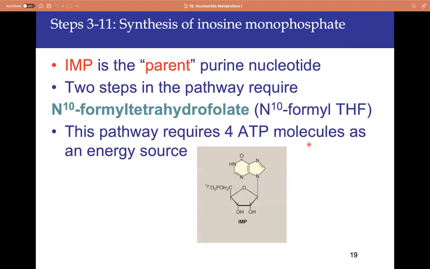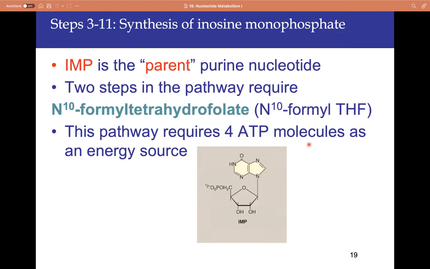All right, so the synthesis of IMP actually, we mentioned earlier that this is the parent nucleotide. And there's 2 steps in this whole pathway of 11 steps that require something called N10 formyl tetrahydrofolate. It's essentially just tetrahydrofolate. But this one is called N10 formyl tetrahydrofolate because there's different types of THF.